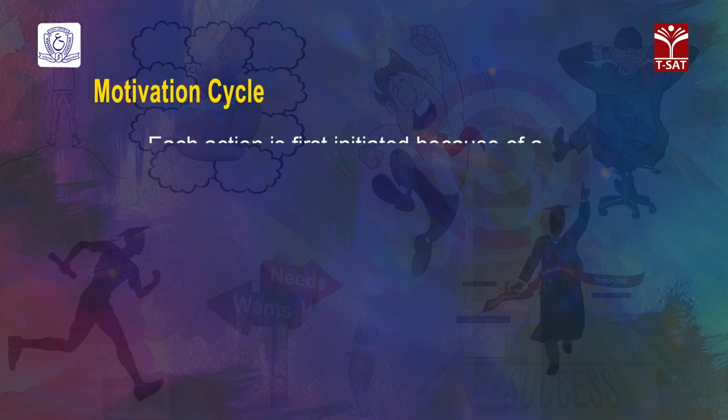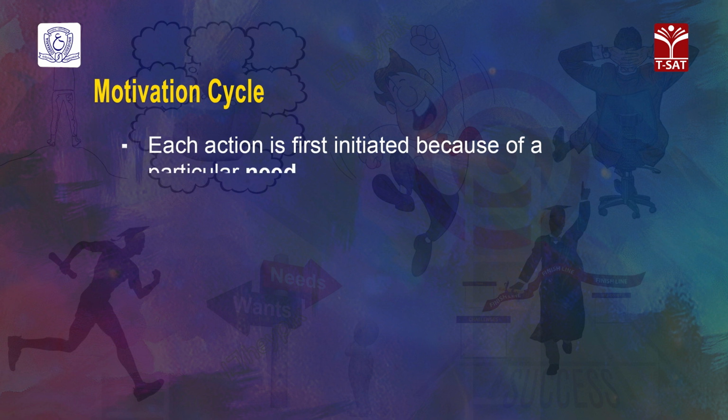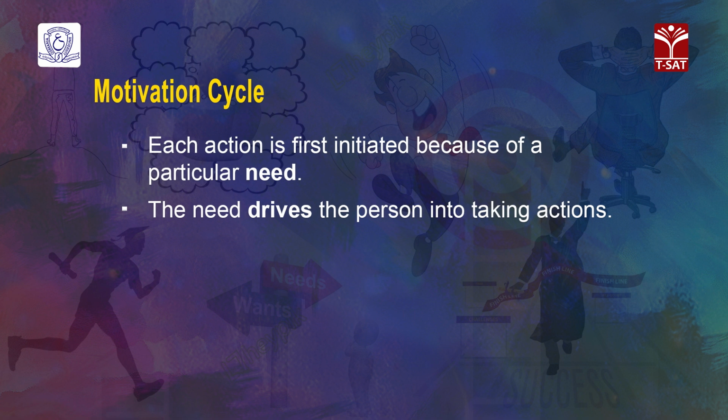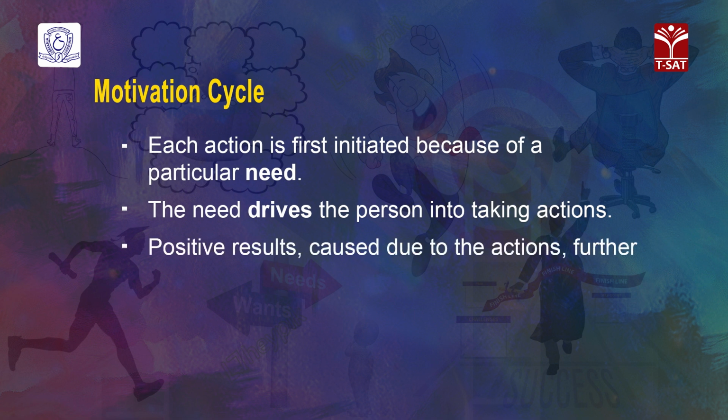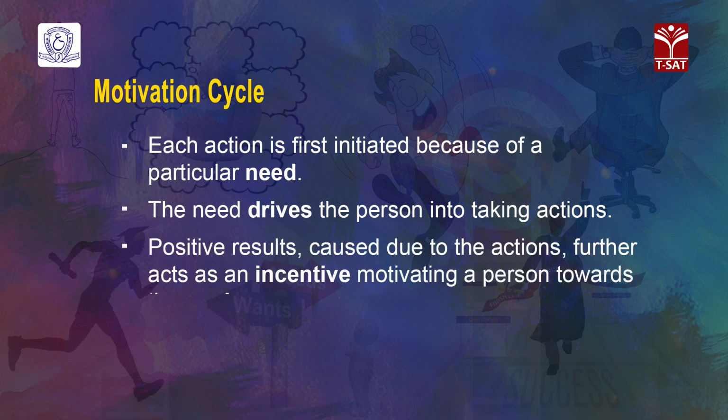The state of motivation is comprised of 4 different states which take place in an organism to drive it towards each action. Each action is first initiated because of a particular need. The need drives the person into taking actions. Positive results caused by the actions further act as an incentive motivating the person towards the goal.